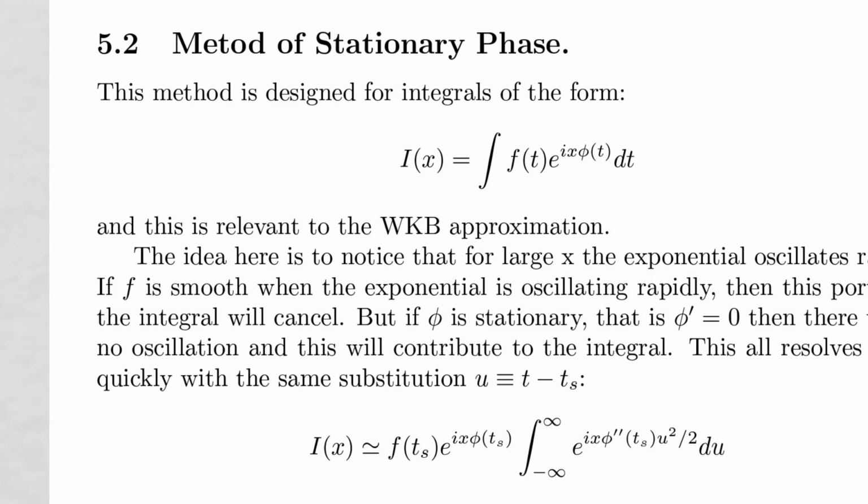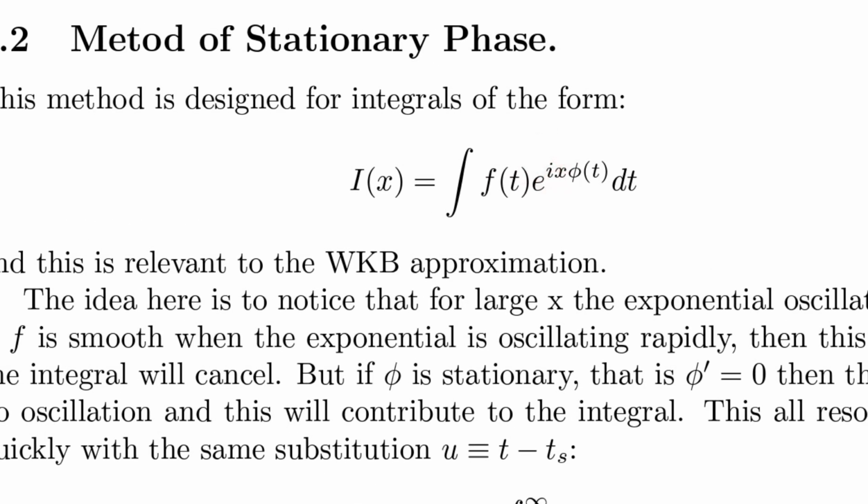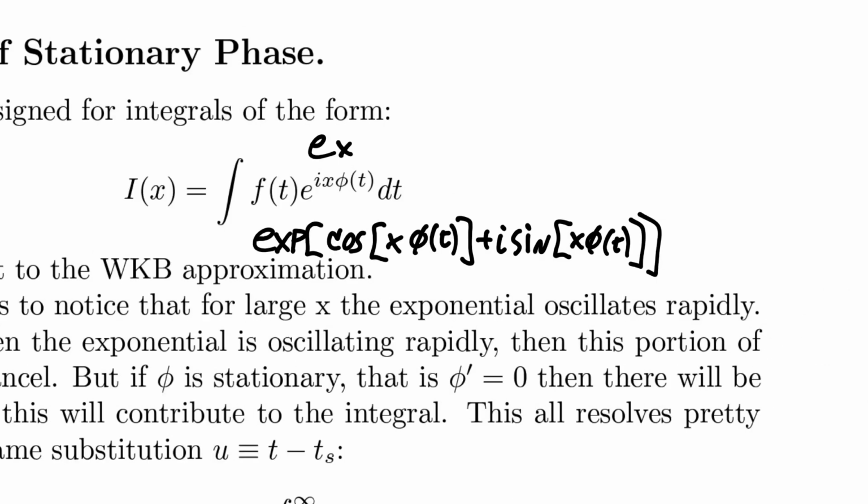Now the method of stationary phase, look, wow, same type of integral. Except now you're dealing with a complex exponential, right? It's still a function of a real variable t, but the exponential has that i in it. So by Euler's expansion, you can think of it as an exponential of a real part plus a complex part.